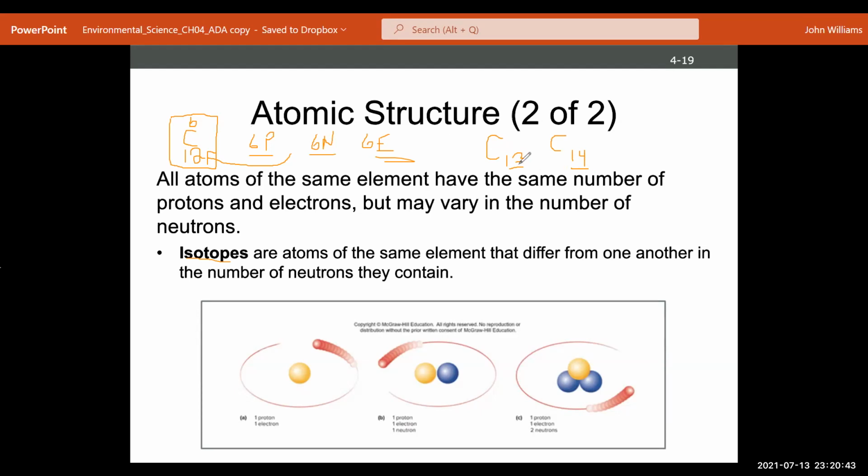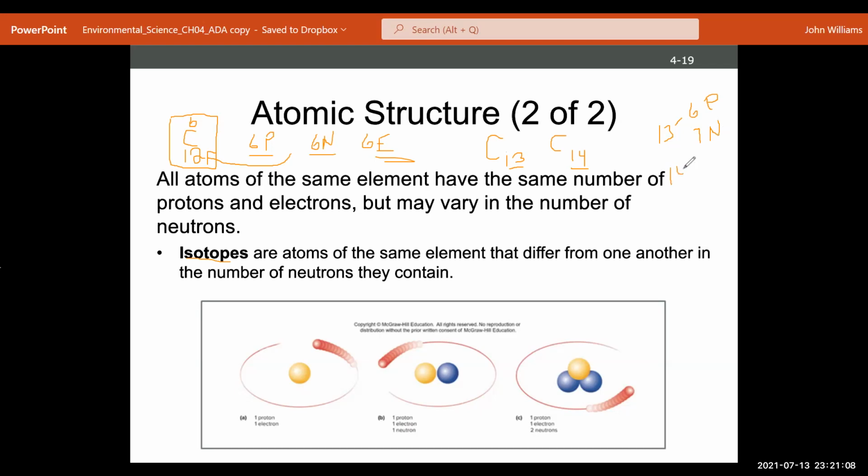The way these atomic masses differ is in the number of neutrons in the nucleus. So carbon-13, I'm going to write it over here, still has 6 protons. Protons never change, but it has 7 neutrons.